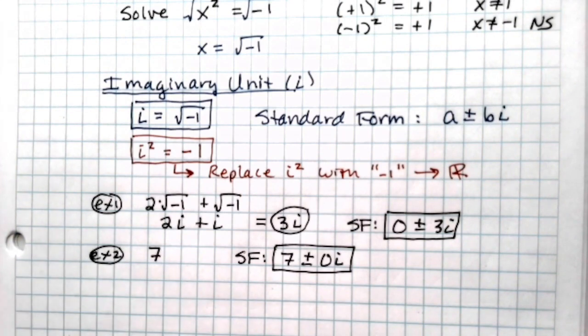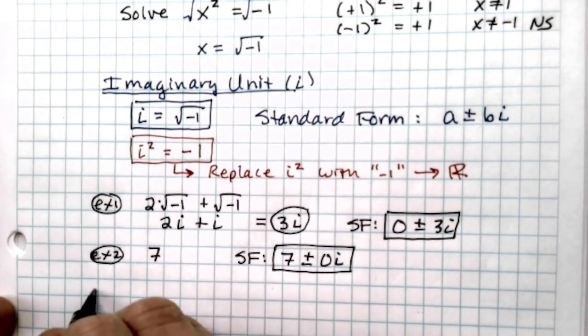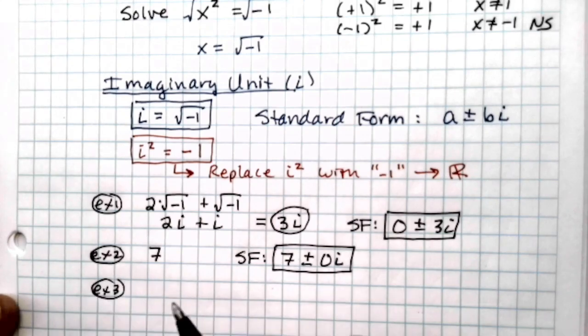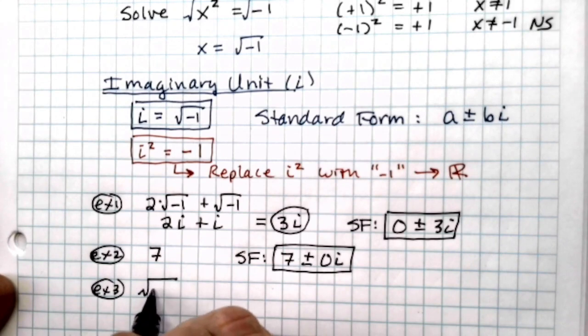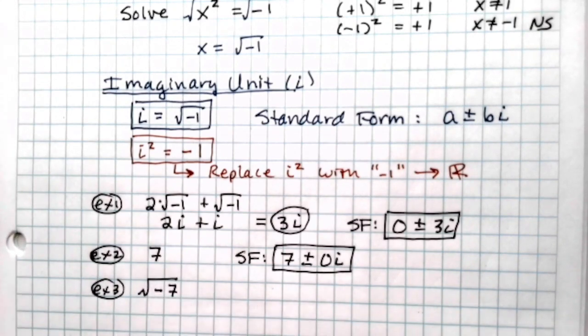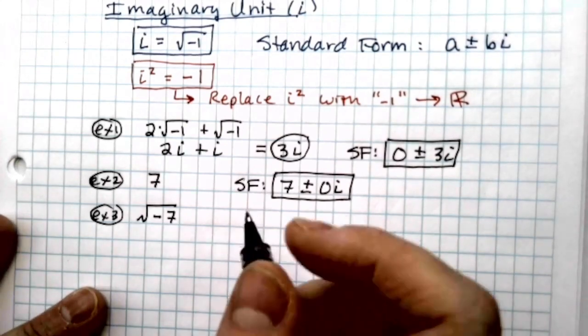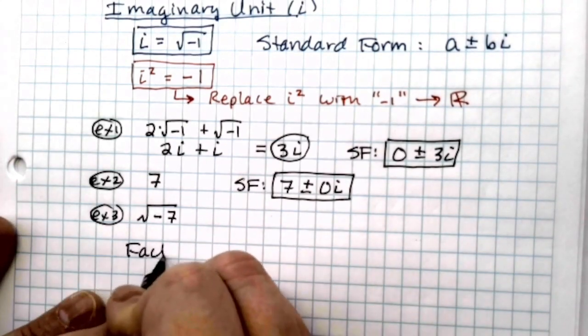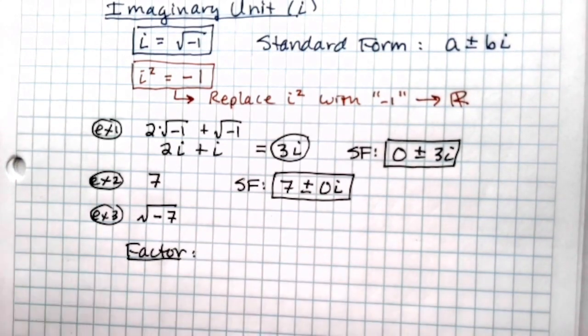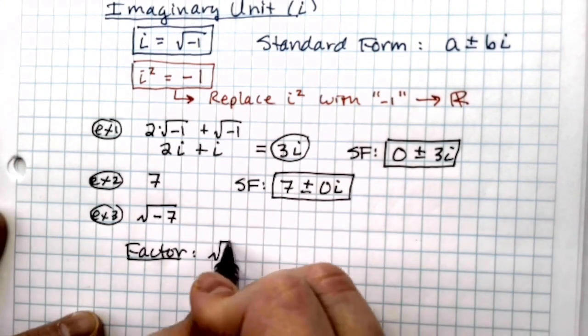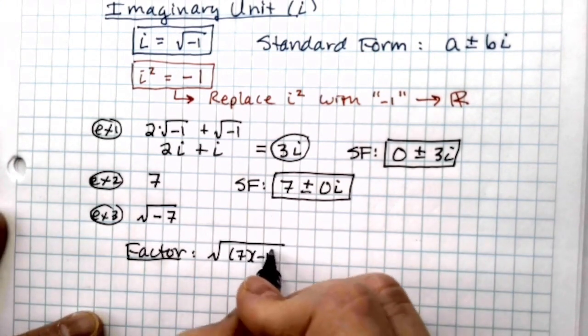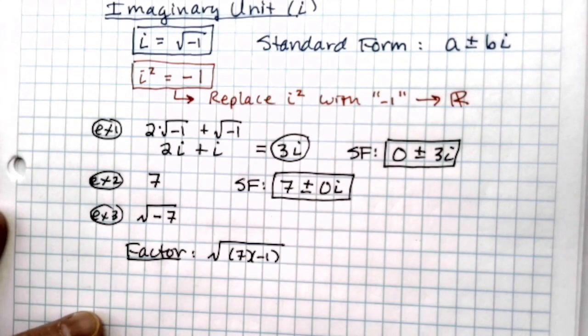Okay, so let's go into some additional examples. So example 3. Let's say you've got the square root of negative 7. So to simplify this, you're going to split or factor the negative 7 into 7 times negative 1, which is basically prime factoring.